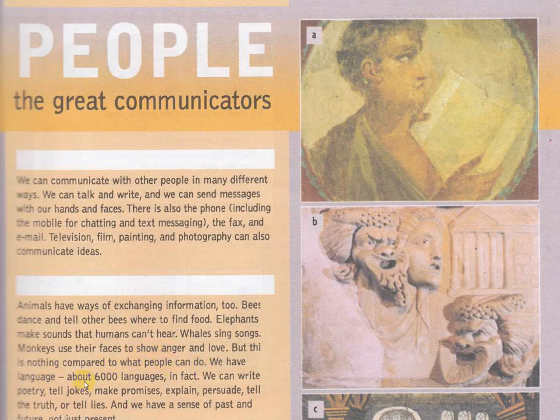We have language, about 6,000 languages, in fact. We can write poetry, tell jokes, make promises, explain, persuade, tell the truth or tell lies. And we have a sense of past and future, not just present.